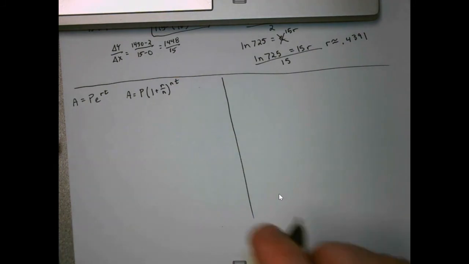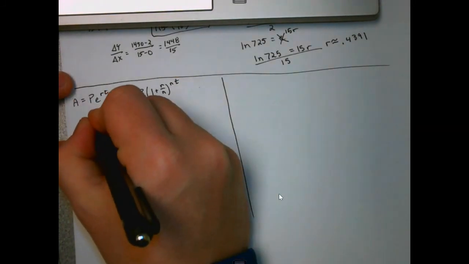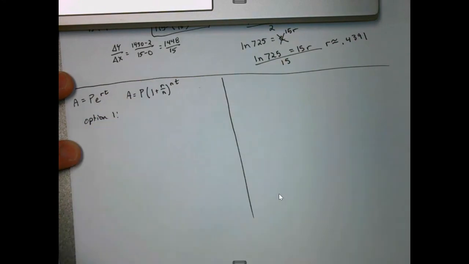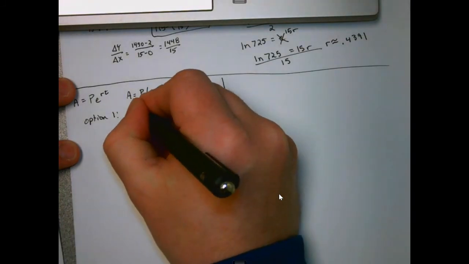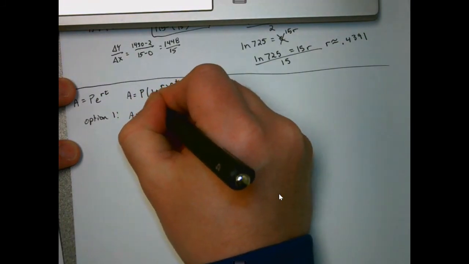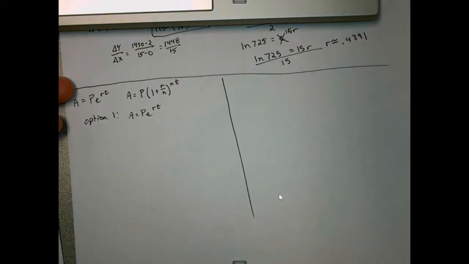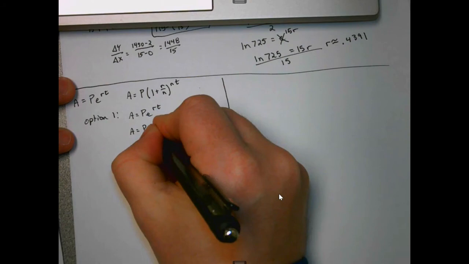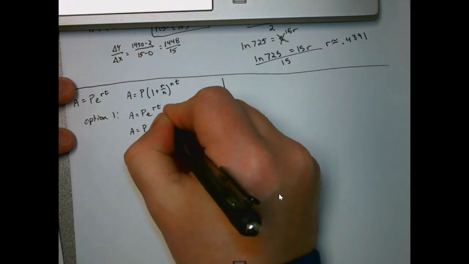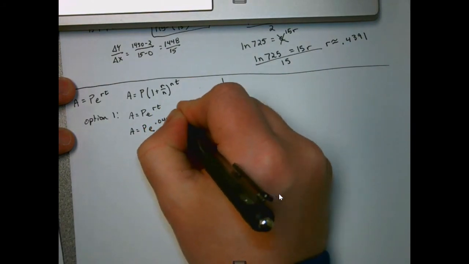So for option 1, we're going to compound continuously, so A equals P e to the 0.0415 t.